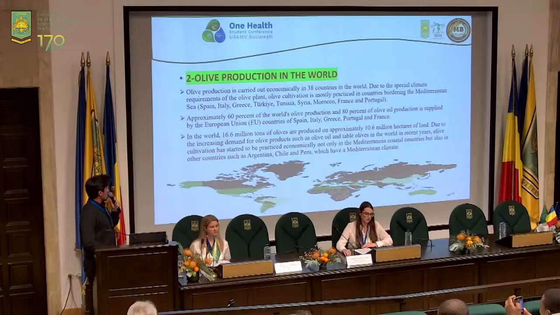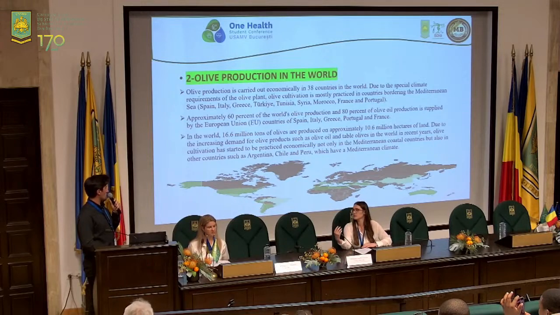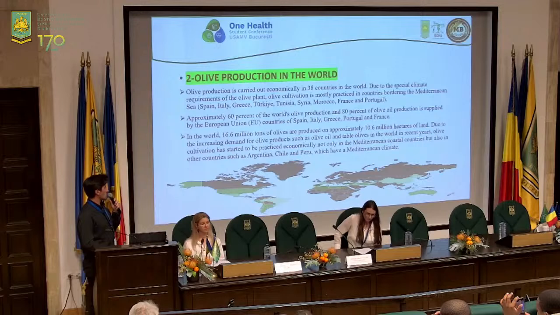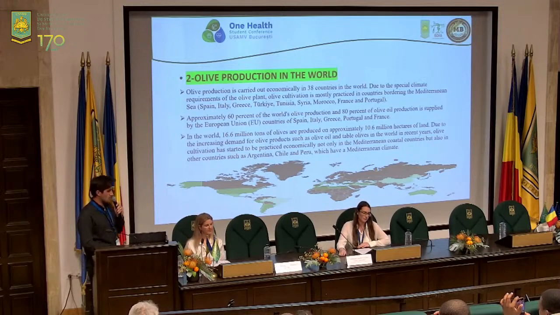Due to the growing demand for olive products such as olive oil and table olives in recent years, olive cultivation has started to be practiced economically not only in Mediterranean coastal countries, but also in other countries such as Argentina, Chile, and Peru.